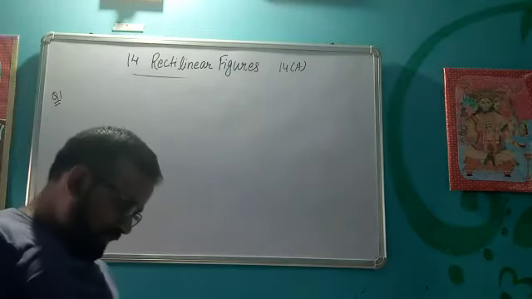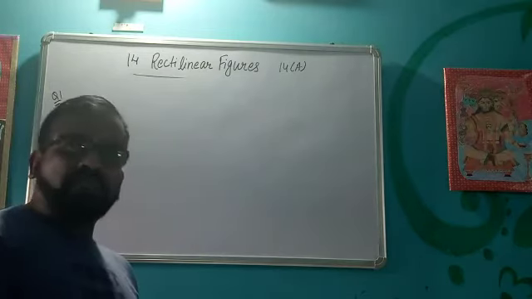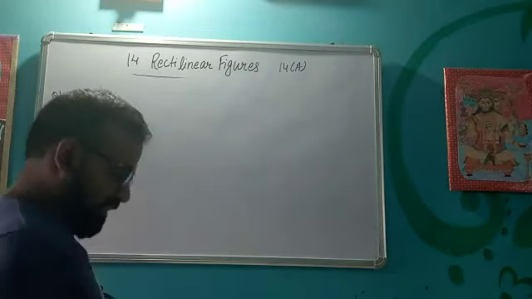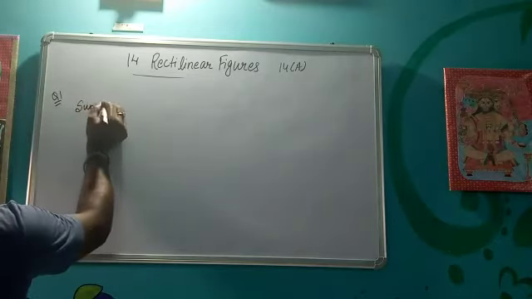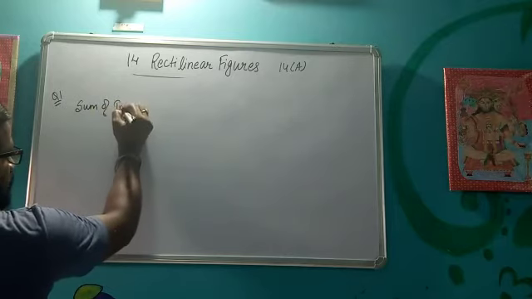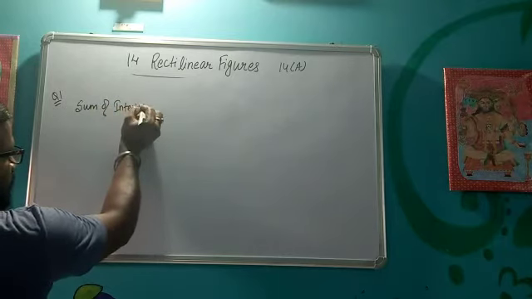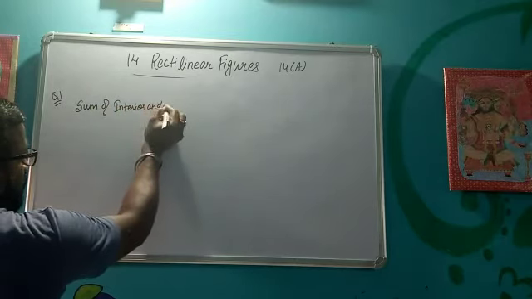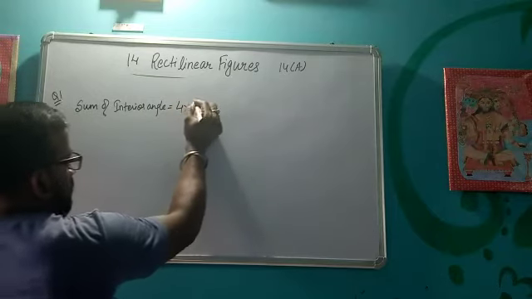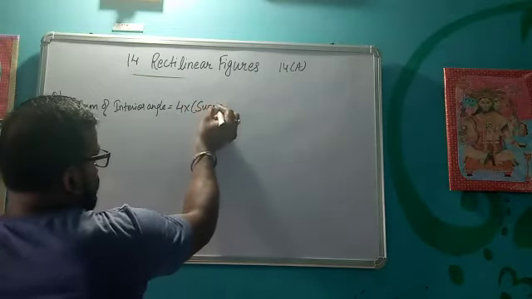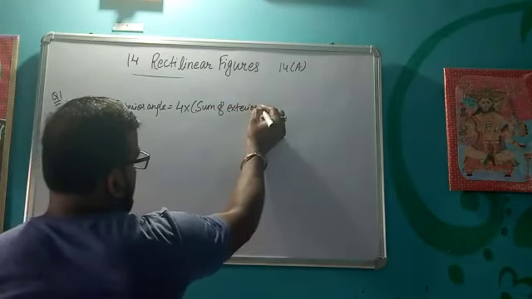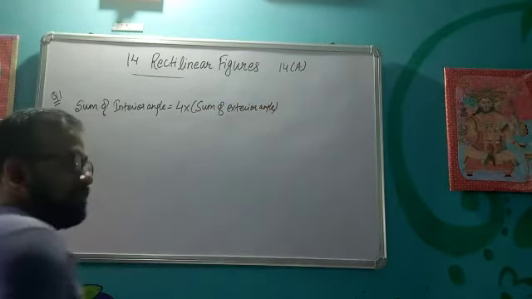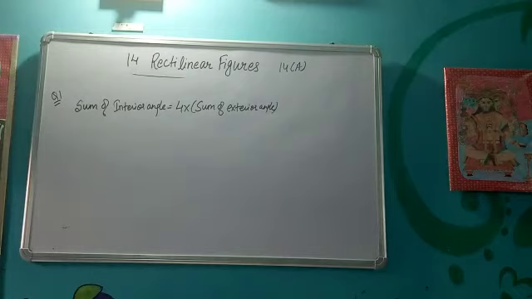The sum of interior angles of the polygon is 4 times the sum of its exterior angles. So what is given? Sum of interior angles is equal to 4 times sum of exterior angles. We have to find the number of sides.